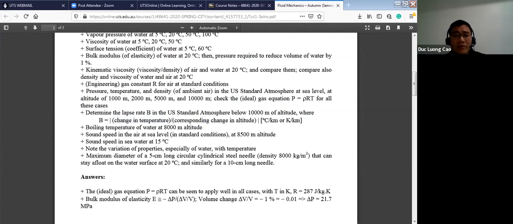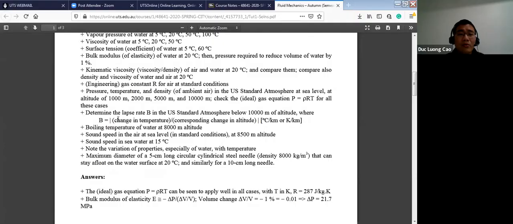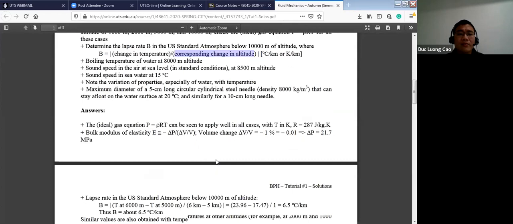For example, from the table here, you want to find the lapse rate between 4 and 6 kilometer. You use the change in temperature, minus 11 minus 23.96, divided by 2. You will have the lapse rate.